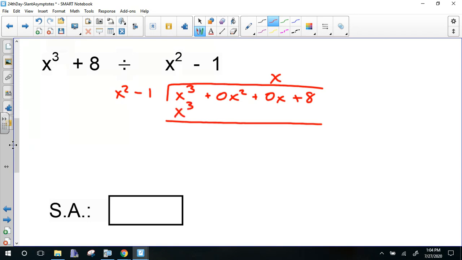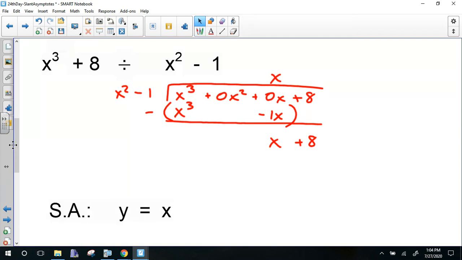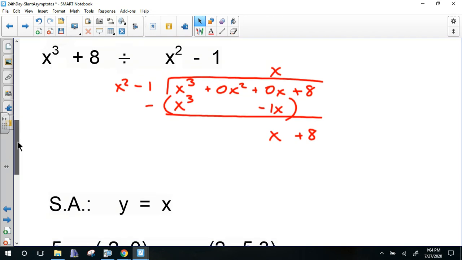X times a negative 1 is a negative 1x. Put parentheses around it, subtract. You get x. Bring down my 8. Nothing else I can do. Not really interested in the remainder. So my slant asymptote is y equals x. The line y equals x.